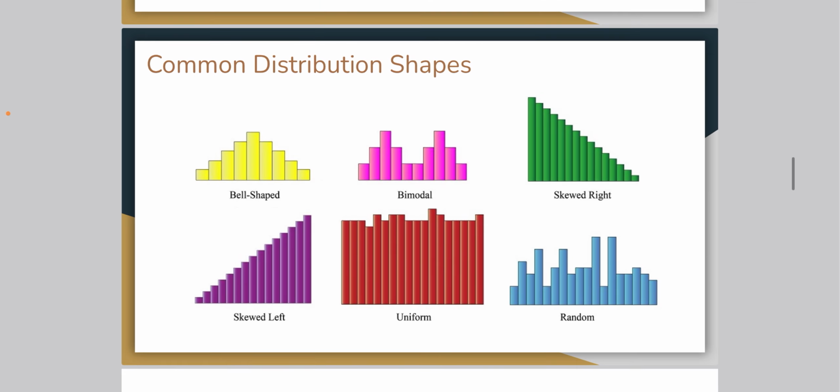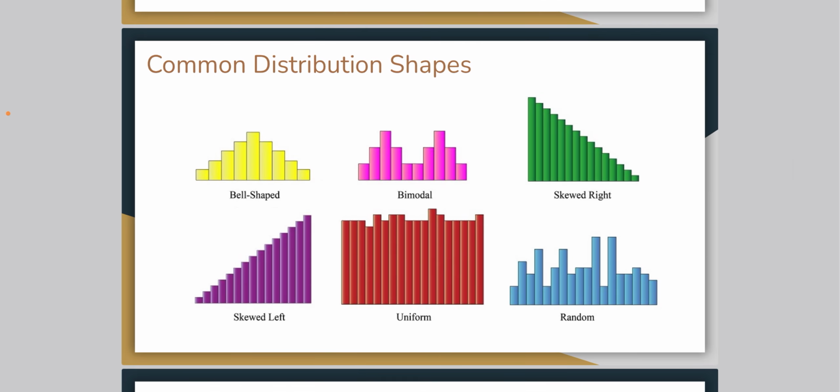And now, the shapes. When I talk about shapes, it's how the data is shaped that we're talking about. If you look at the yellow, the bell shape looks like what we think of when we think of the bell curve with a normal distribution.